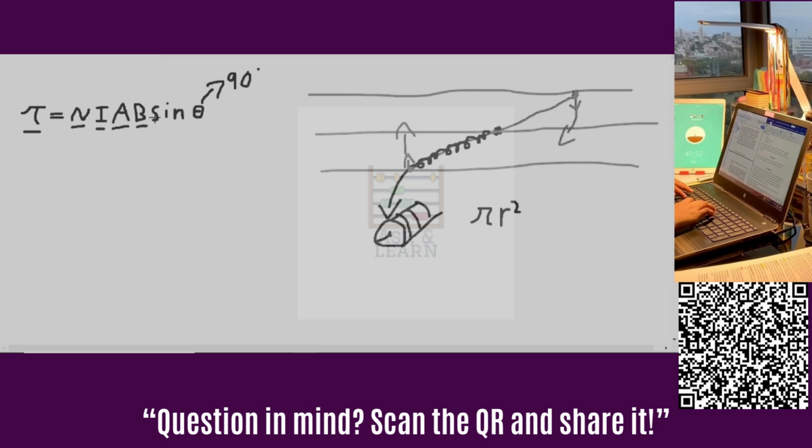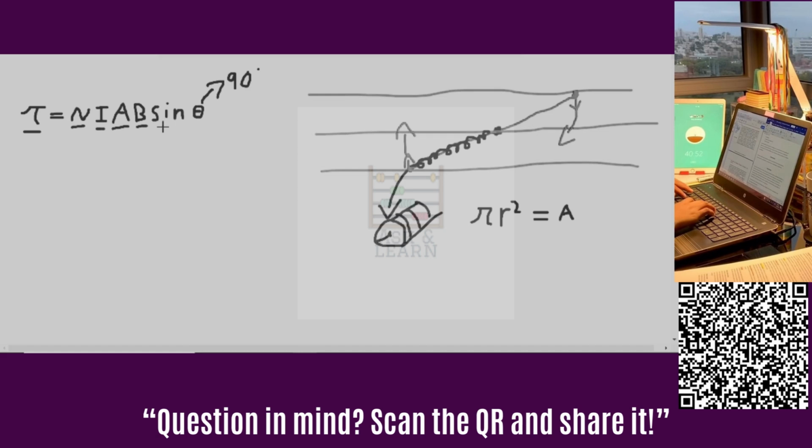But everything is going to cancel out. And this A here is this pi r squared. So if we have all the same things on each side, the number of coils are the same, those will cancel. The currents are the same, those will cancel. B's are the same, and those will cancel.